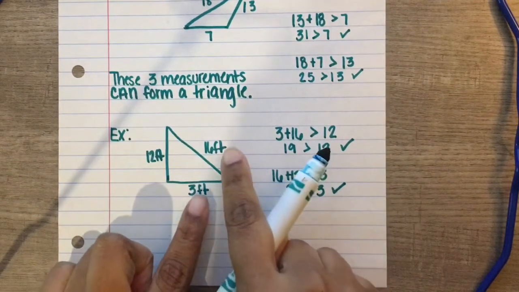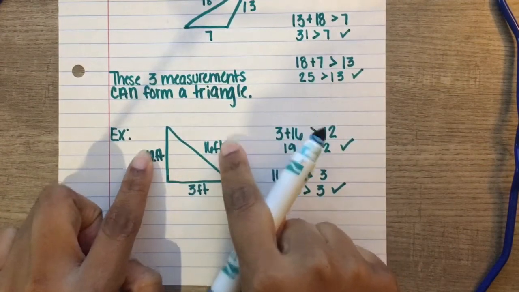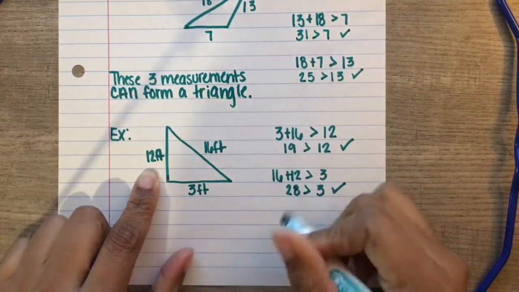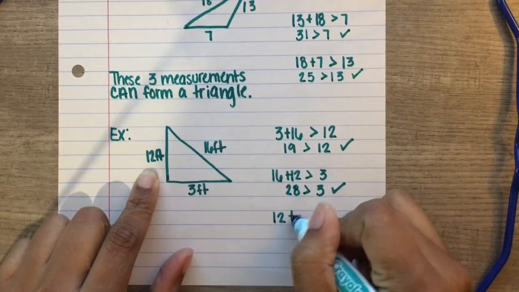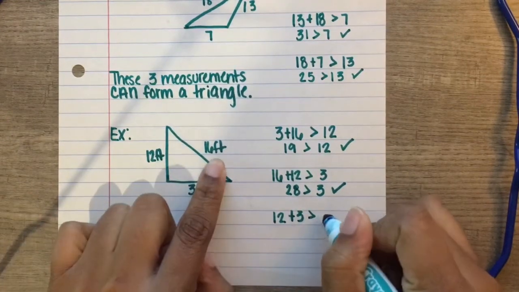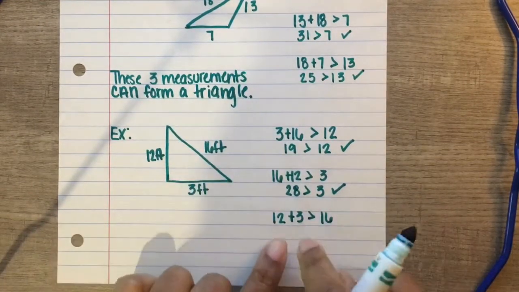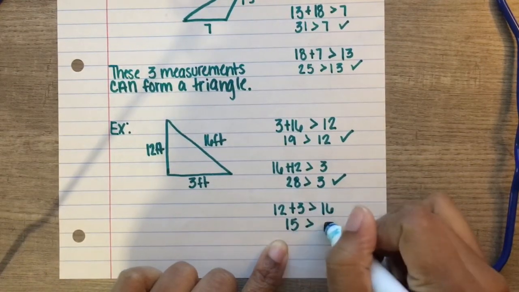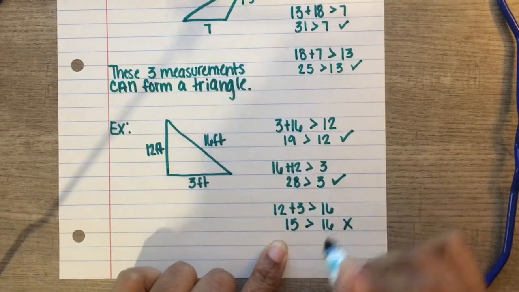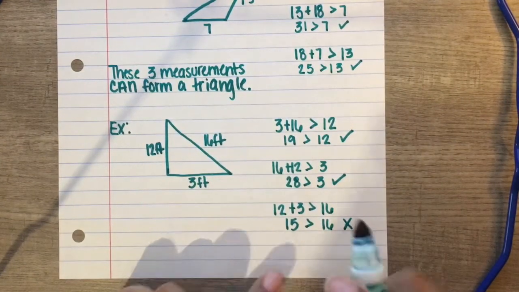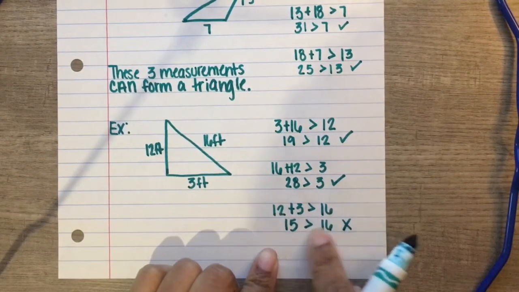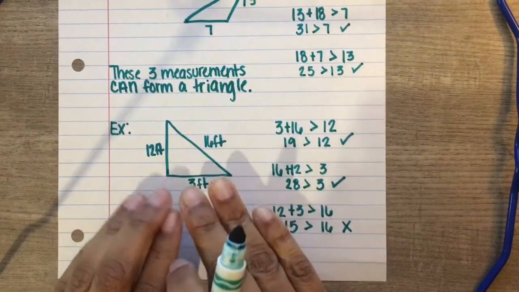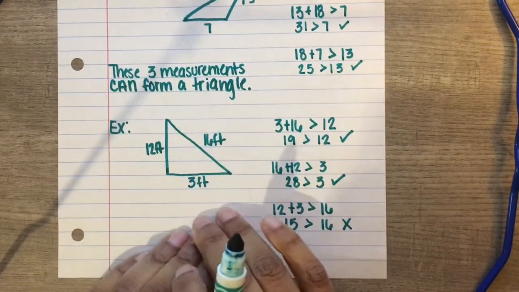So I've done these two. I've done these two. Now I need to do these two. 12 plus 3 has to be greater than 16. 12 plus 3 is 15. 15 is not greater than 16. So since this one doesn't work, this would not make a triangle.